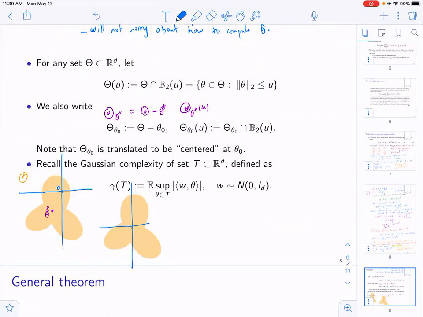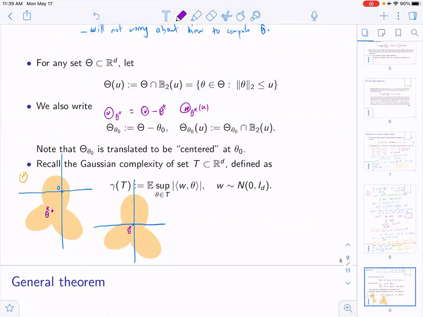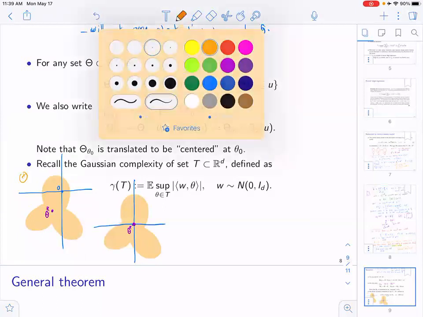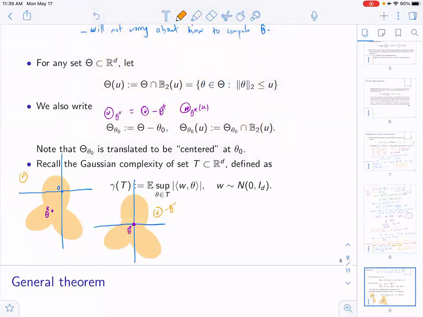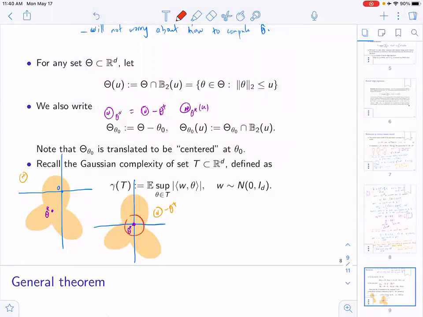Let's say this was theta star. So now theta star is the origin here. So this is theta minus theta star. And then I'm going to put a ball of radius u around this.